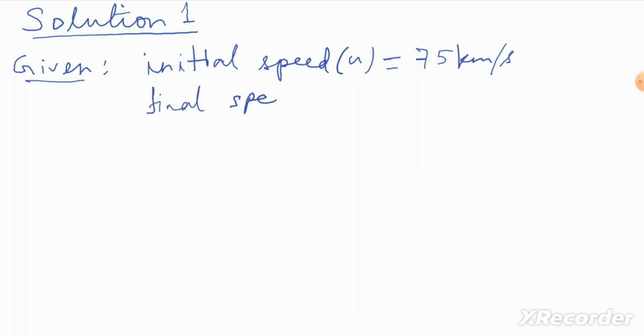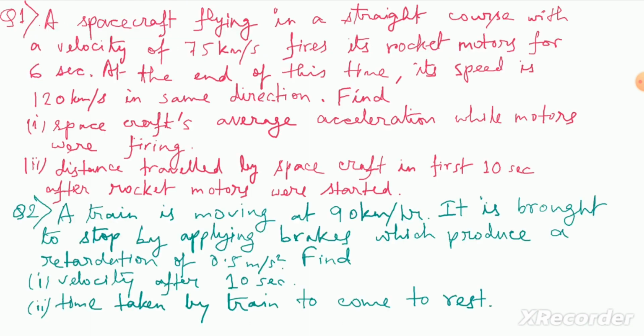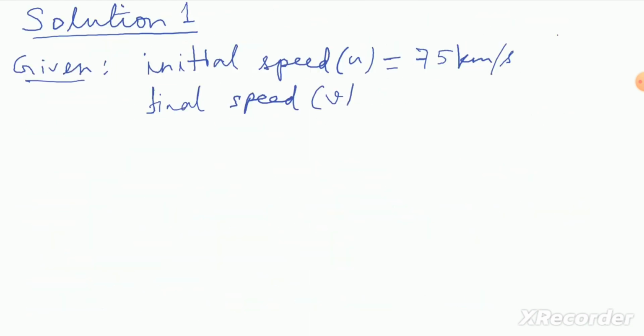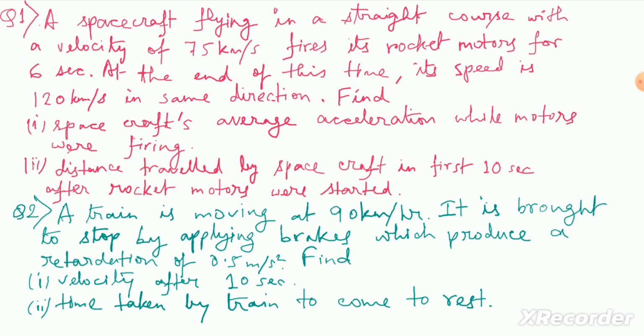Final speed is denoted by the letter v, and it says it is 120, sorry, not meter per second, rather kilometer per second. The time for which the rocket motors were operating is 6 seconds.